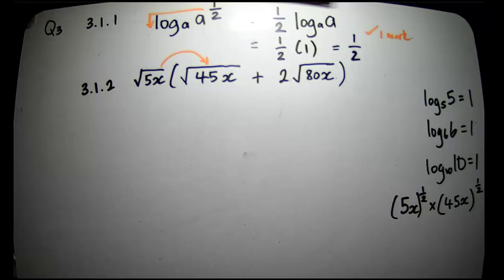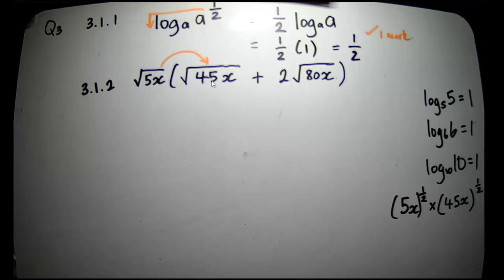I hope you can agree with that. Now if I come back here, notice I have the square root not only over the 5 but over the x also. Therefore the 5x will be all in brackets to the power half, because all of the 5x is under the square root sign.